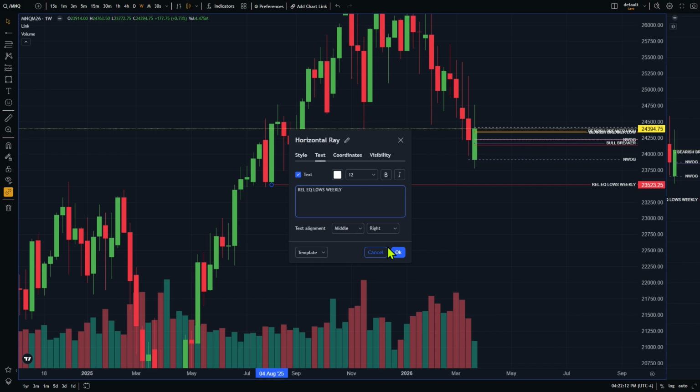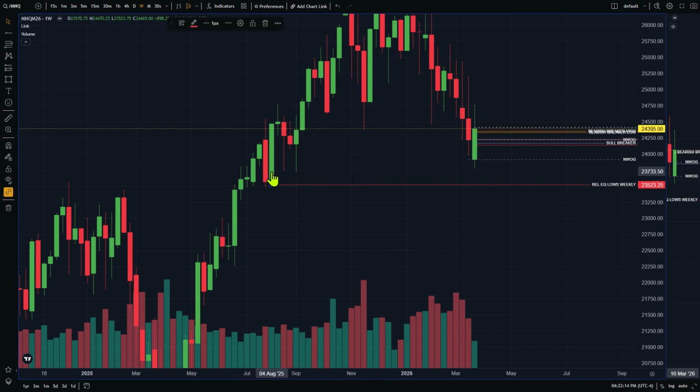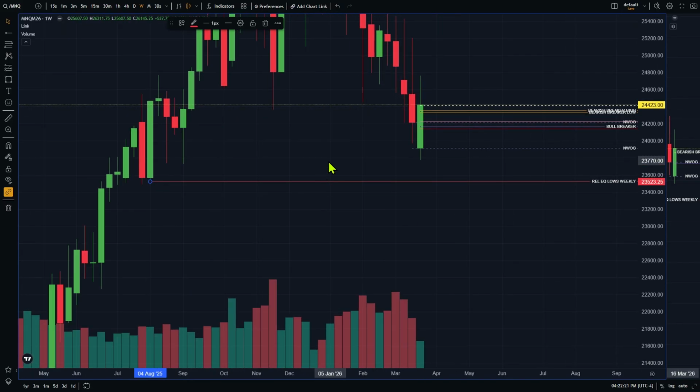Ever since these were created, which was a long time ago, August, I've been saying we were revisiting that area. And so far we haven't, but I still think we're going to. This low right here did not get taken out by this one, so it's definitely a draw if we start pushing lower.